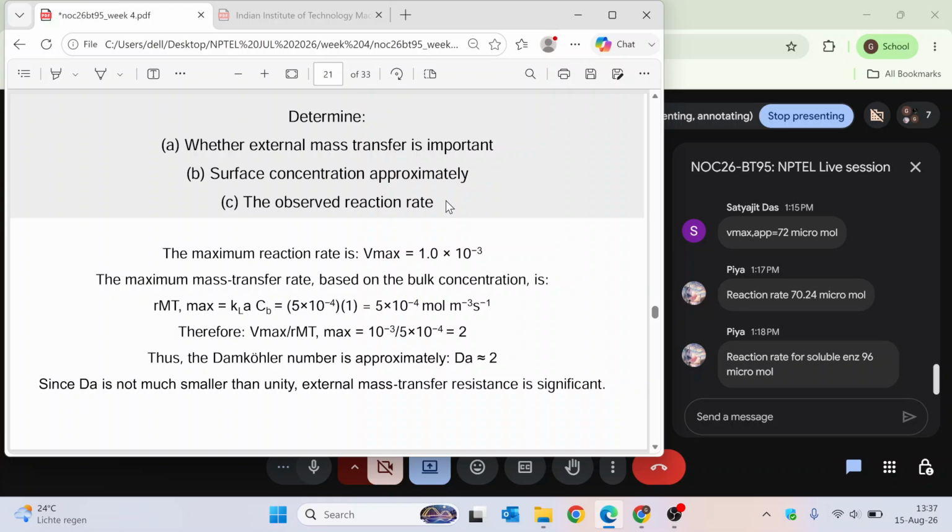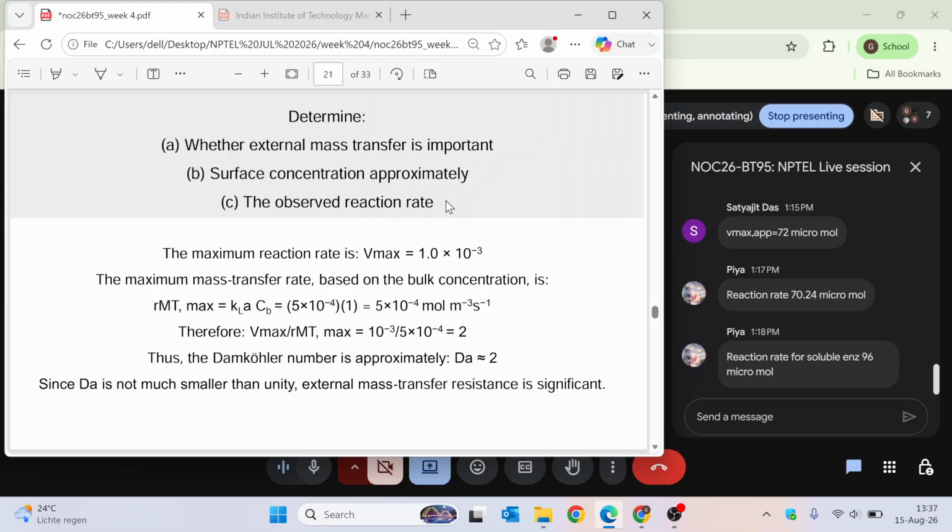But Vmax by the RMT determines your external mass transfer. So that is 2, which means your Dam-Kohler number is having a value of 2. Here it is greater than 1. So external mass transfer resistance is significant in this case.